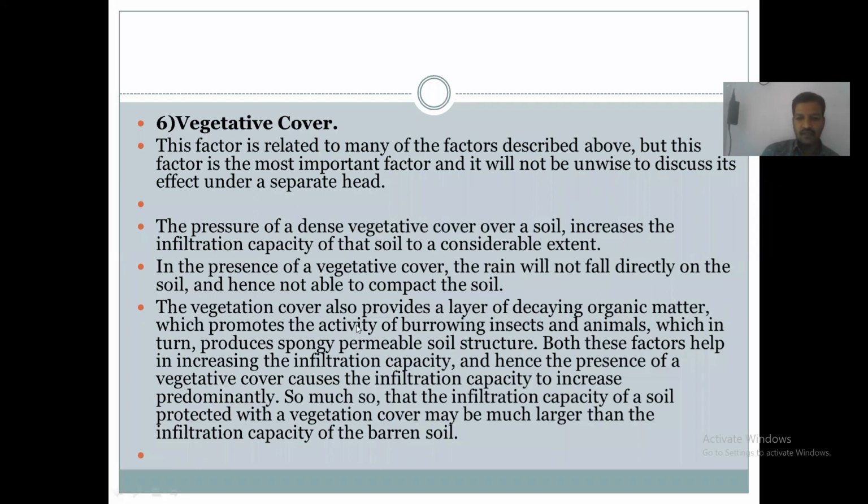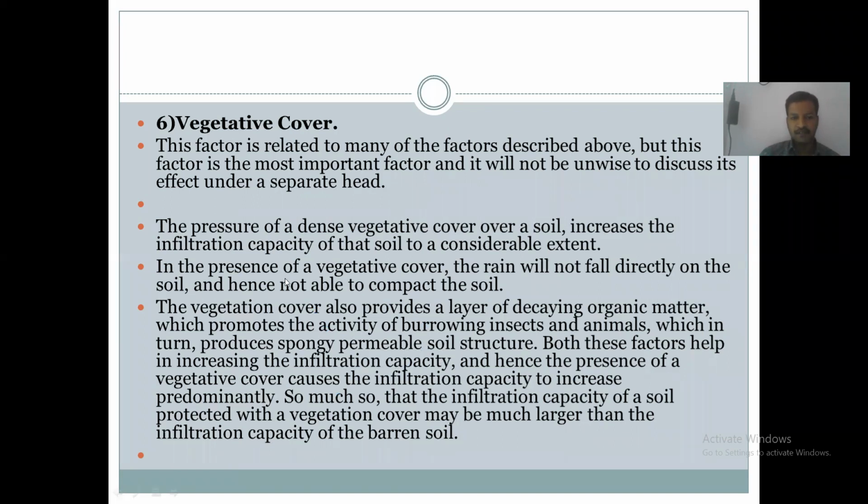By this the soil becomes more permeable and the absorption capacity of the soil increases.